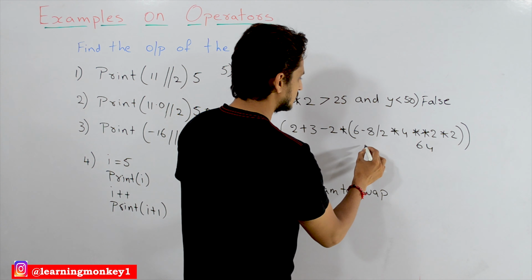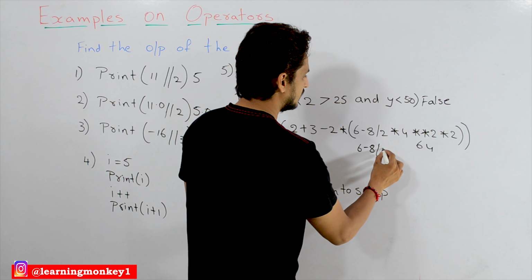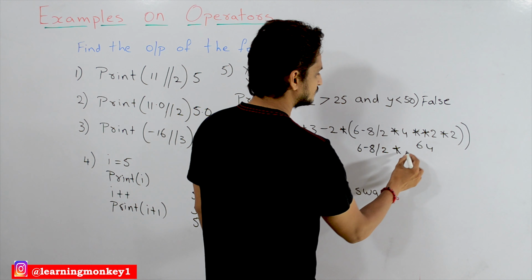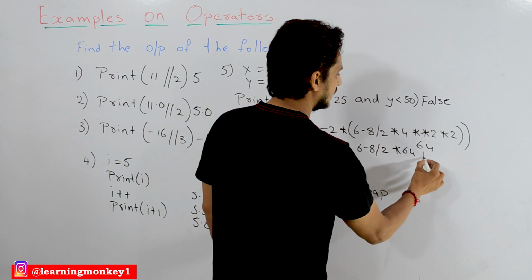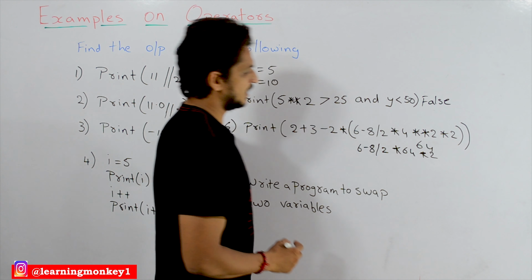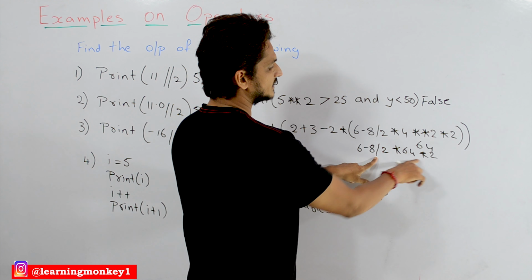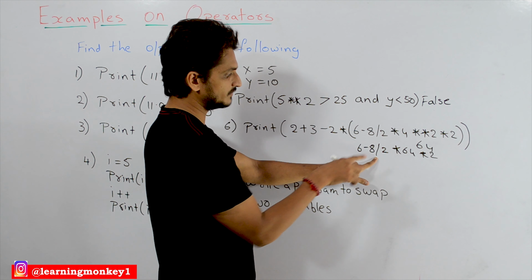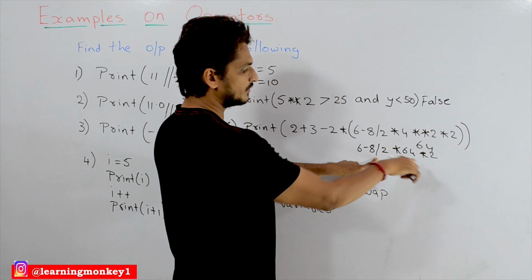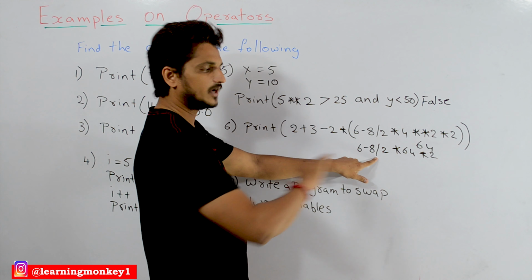So 6 minus 8 by 2 into 4 power 2 into 2. In this, which has the highest precedence? Division and multiplication have the highest precedence, and they are equal. Equal precedence means left to right associativity.